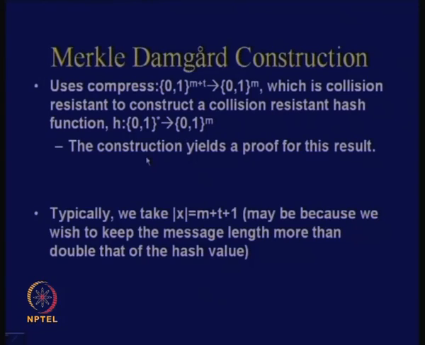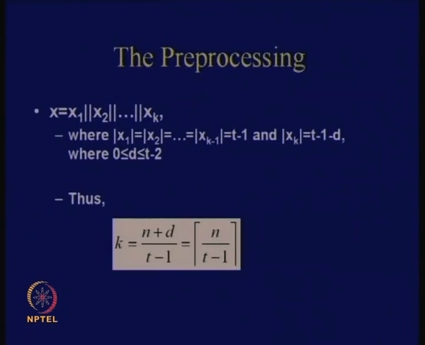Okay. The main elegance of using the Merkle-Damgard construction is that it gives you a wonderful proof. Before I go into the proof, I will discuss the construction, but I'll just give you the idea behind what I mean by the term proof. Your problem is now to create a hash function which is collision resistant, right? There is quite a big problem, because you are saying that you will take a very large string and compress it into a small m bit string, which has to be still collision resistant.